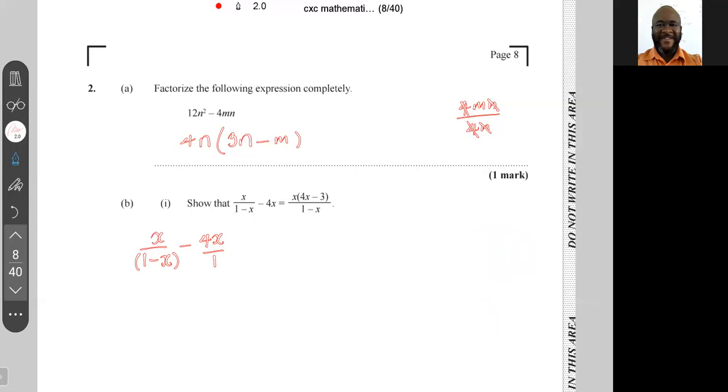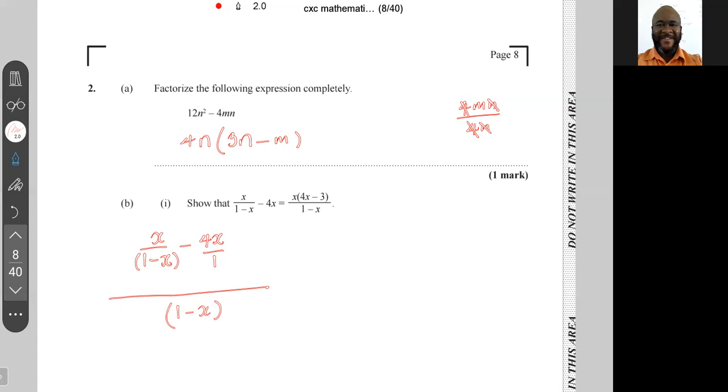Stay with me. Ladies, gentlemen, if you're adding or subtracting fractions and the denominators are different, you must find the LCM. The LCM is 1 minus x. So if you have 1 and 2 in the denominator, the LCM is 2.